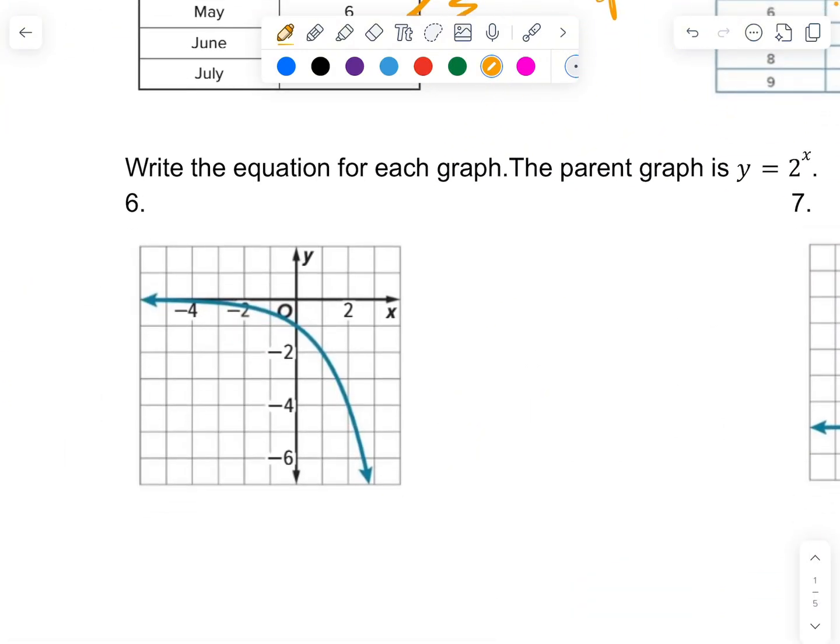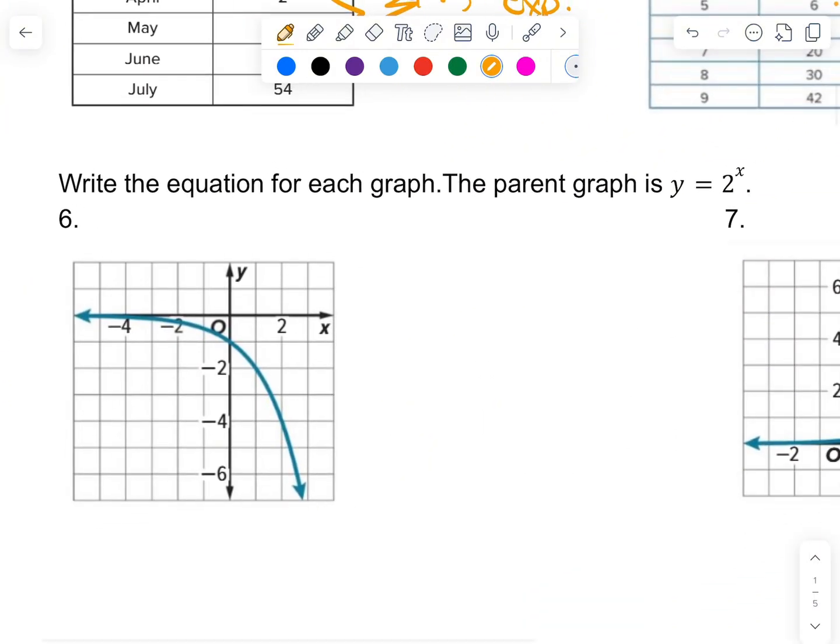This one right here, we just did this one up above, so this one looks like so.